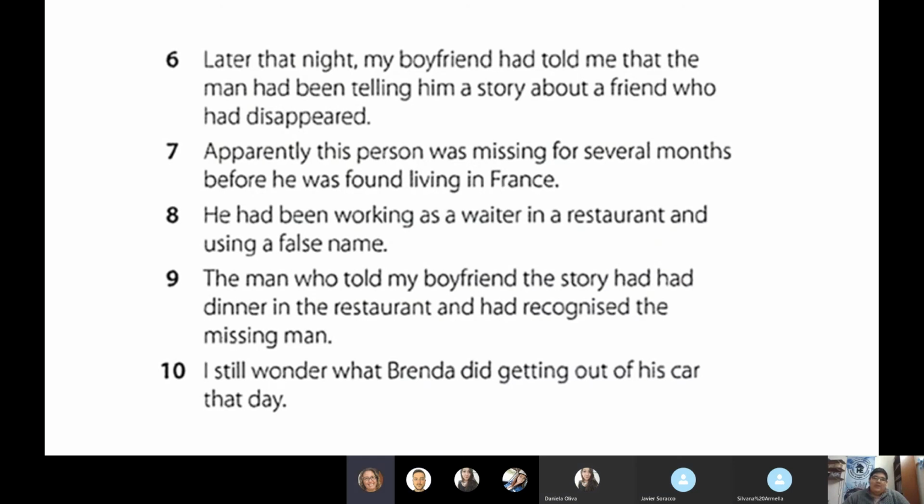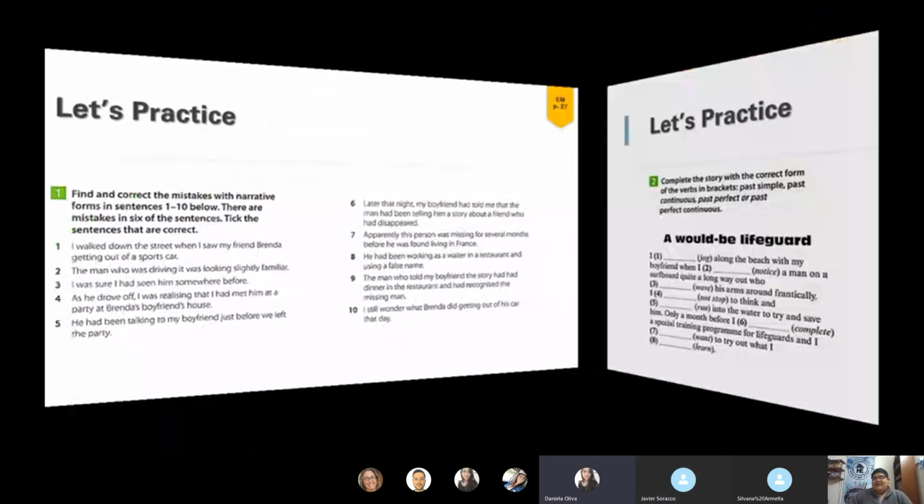I still wonder what Brenda was doing getting out of his car that day. Was doing. I still wonder what Brenda was doing. Okay. Okay.